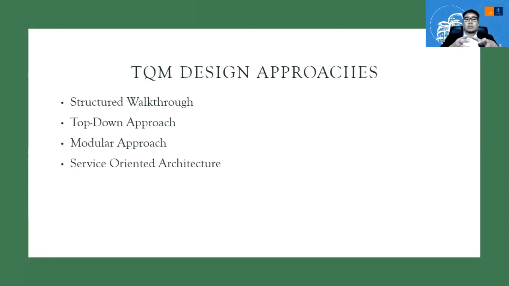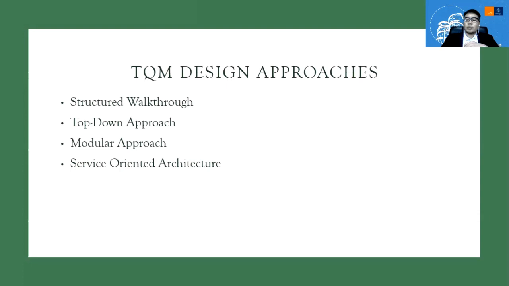The first one is the structured walkthrough, top-down approach, modular approach, and service-oriented architecture. These four design approaches can actually complement each other, so we can combine all four to increase our design quality.